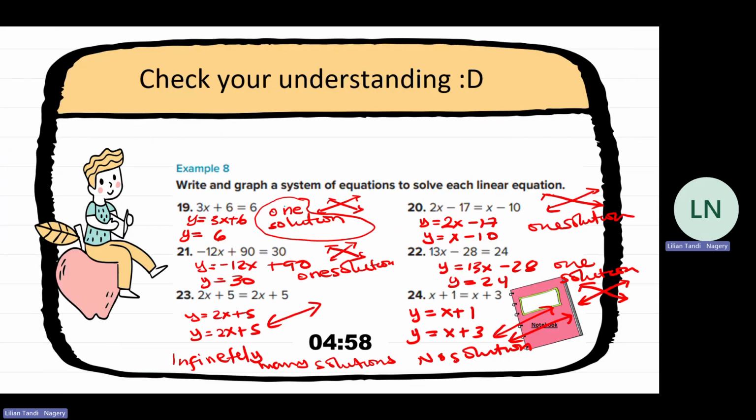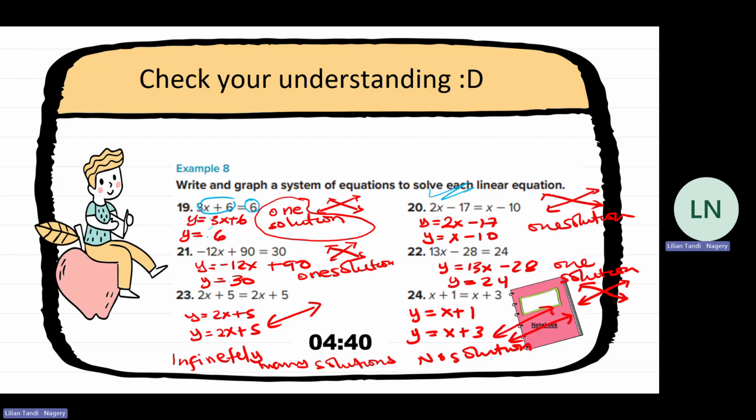That's the same thing we did over here. We wrote our equations. This is equation 1, this is equation 2. We said slopes are different. Slope here is 3, slope here is 0, so they are different, one solution. Same thing here.